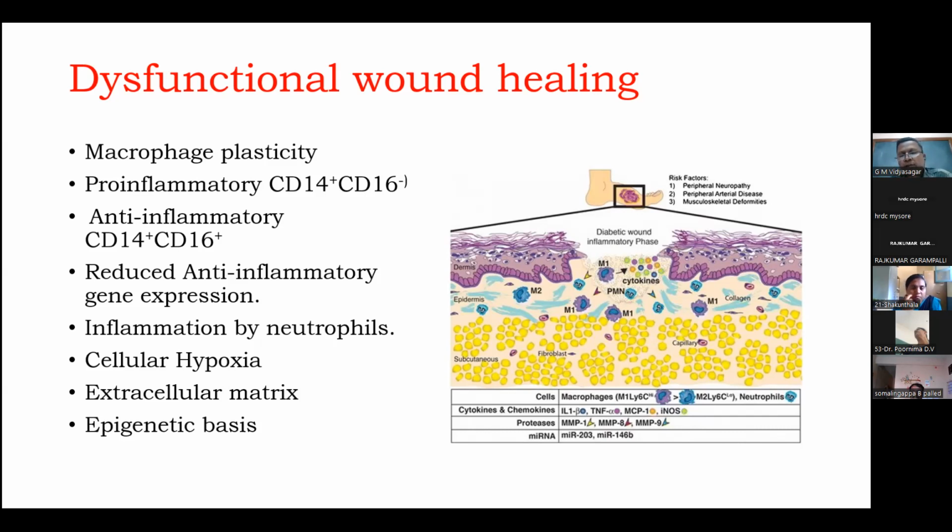Another important factor is that because of the glucose, more sugar here, microbial colonization also increases. Recent studies say that along with the bacterial populations, fungal populations are also associated with this and make the healing process very complex.